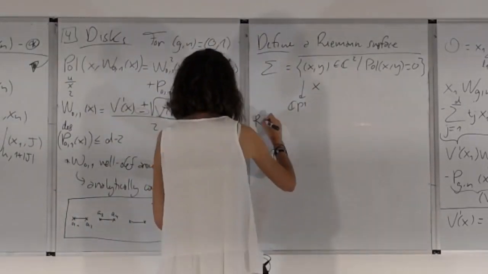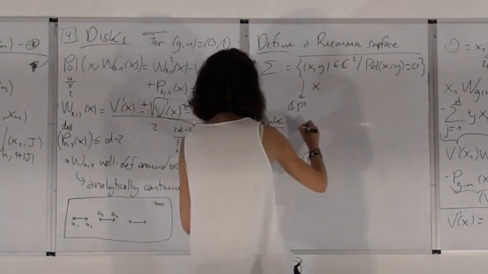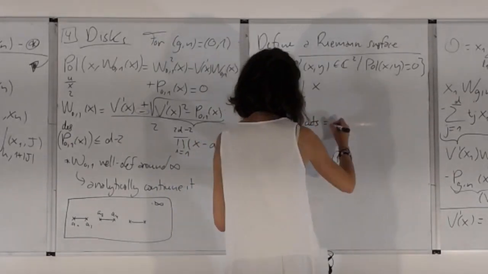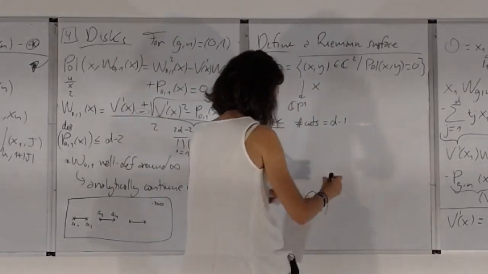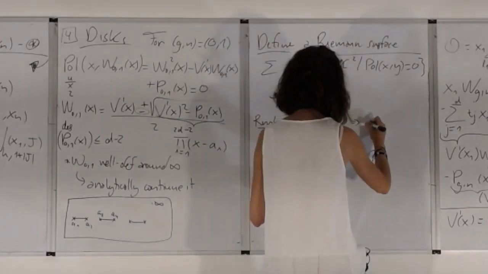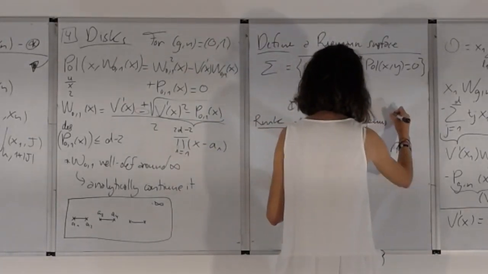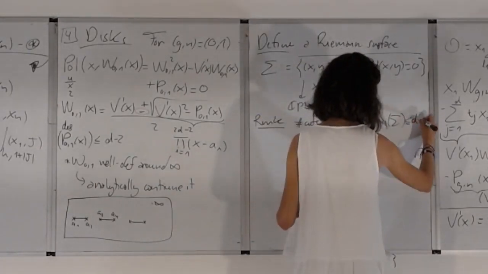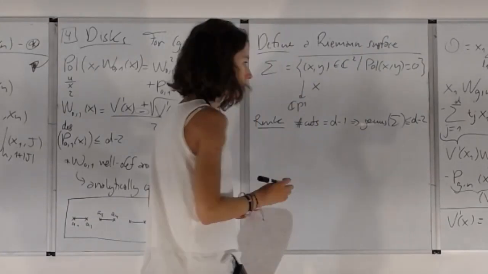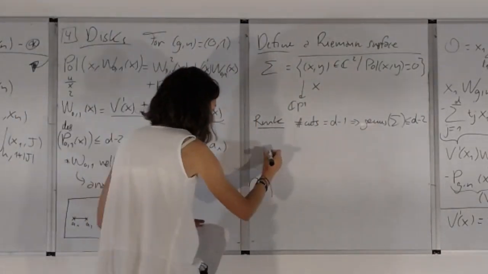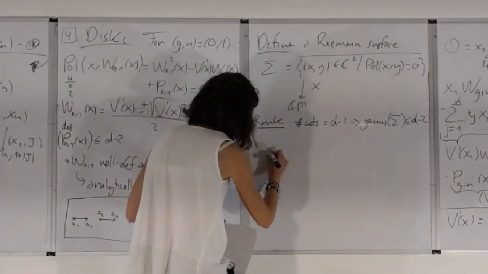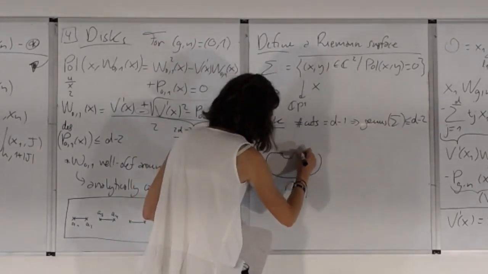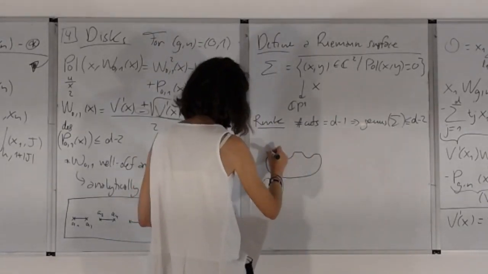So one little remark is that if the number of cuts is the worst that can be, that is D minus 1, then the genus of this Riemann surface would be at most D minus 2. Okay? And very intuitively, what happens is that we are taking a double cover, that is this Riemann surface.